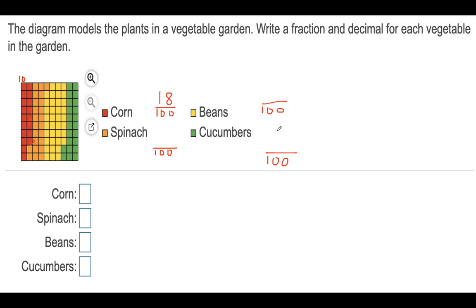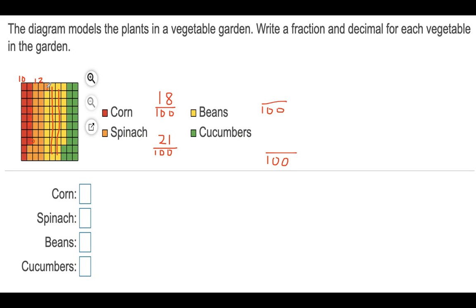All right, so we're going to draw all the fractions first. Then we'll do the decimals. So now the spinach, I have 10. Here's 1 10. Here's 2 10. So I know that I have 20 and 1 extra. So I have 21. Then for my beans, here's a 10. Here's a 10.